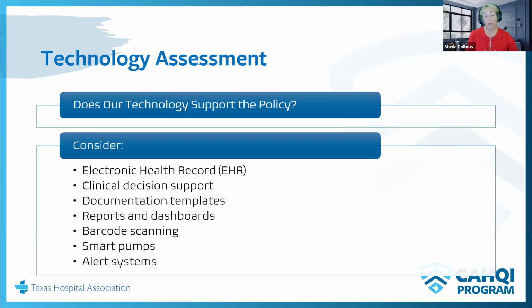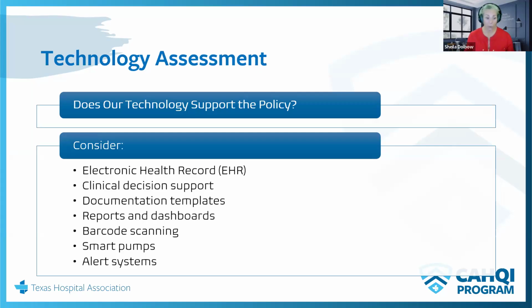Clinical decision support. What about our documentation templates, reports and dashboards, our barcode scanning, smart pumps? Everything is smart something now. Most homes have smart thermostats, smart stoves. You can have a smart washer and dryer. But just because you have all of these smart tools does not necessarily mean you can control them from one source and one app.